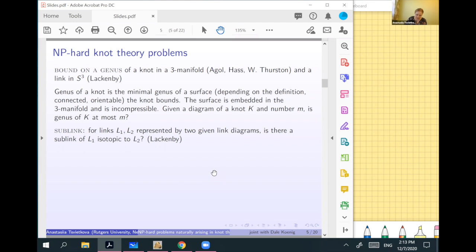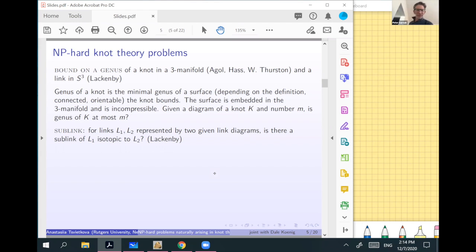And this paper actually kind of inspired our work because what Lackenby argued himself, he said, you know, these problems are very interesting problems, but maybe they're not the most natural and core problems in knot theory. And there are problems that we think much more about in knot theory. So why don't we try to prove that those problems are NP-hard? Because intuitively they seem to be hard.